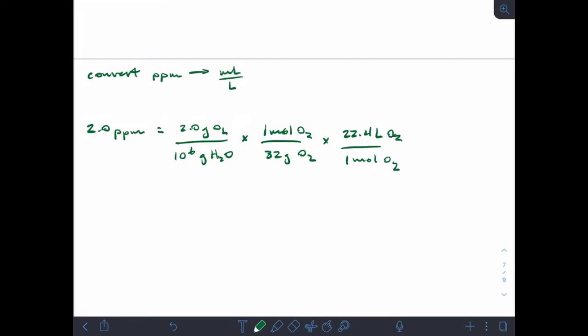Okay, now I want to convert that to milliliters and get rid of the liters of O2 on top. So we've got 1,000 milliliters of O2 per liter of O2.